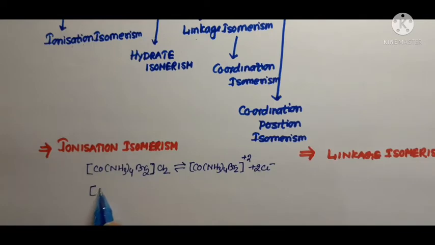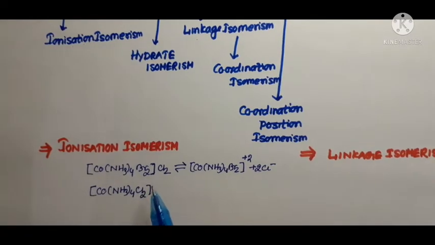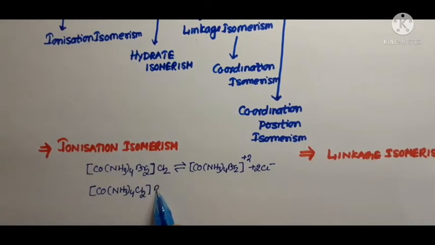This can change in this pattern: [Co(NH3)4], the chlorine present in the ionization sphere migrates to the coordination sphere like this, and Br2 migrates into the ionization sphere.